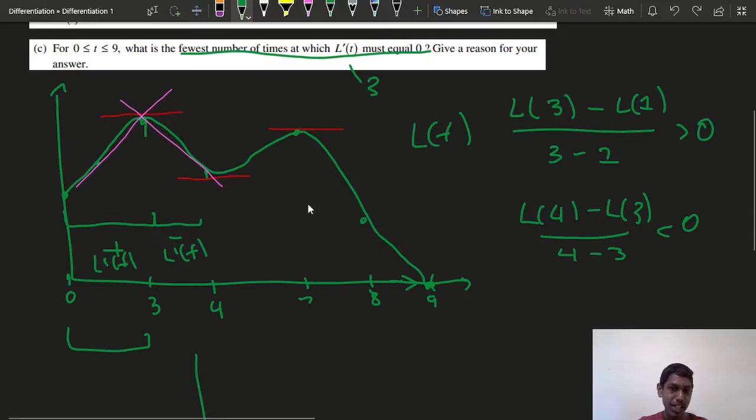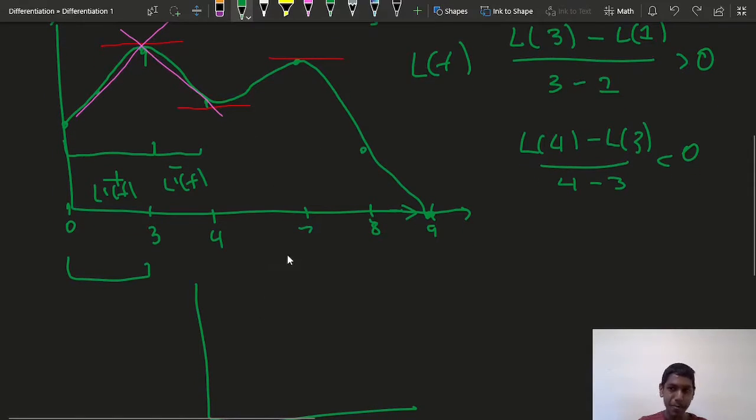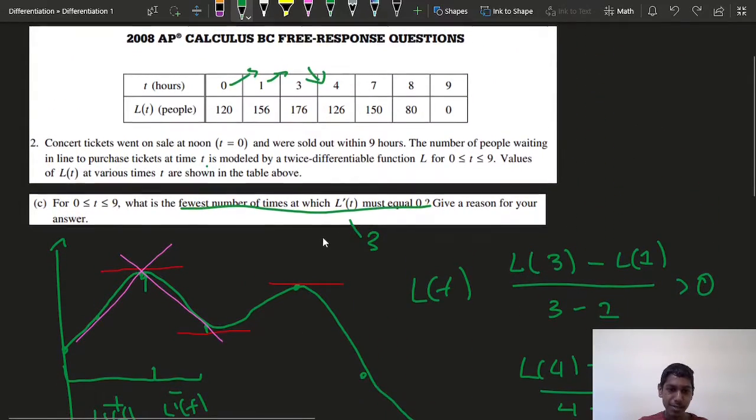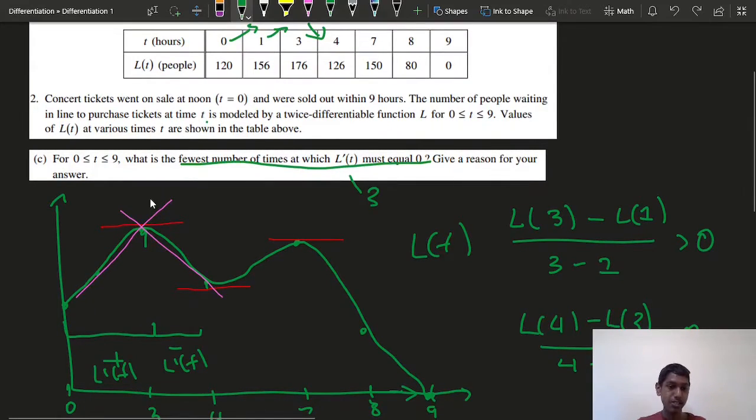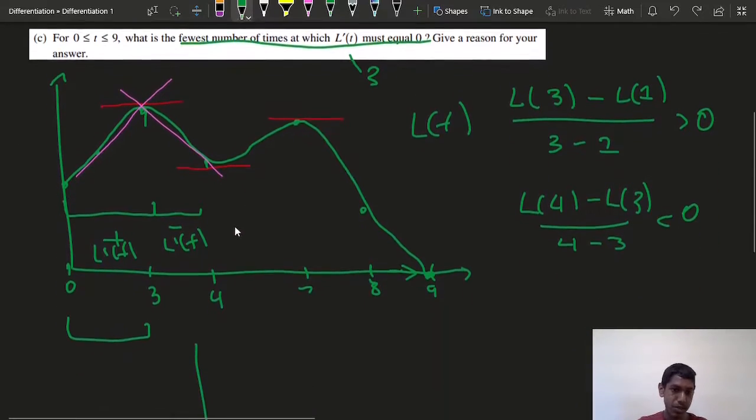If we know that L'(t) changes signs somewhere, then we are going from increasing to decreasing, and we know that in general we'll have a point with a slope of 0.